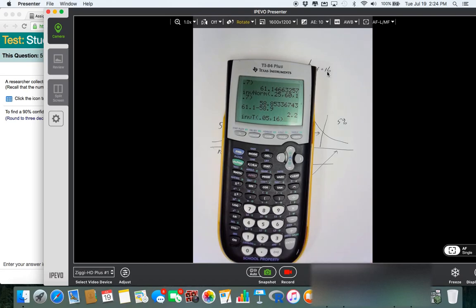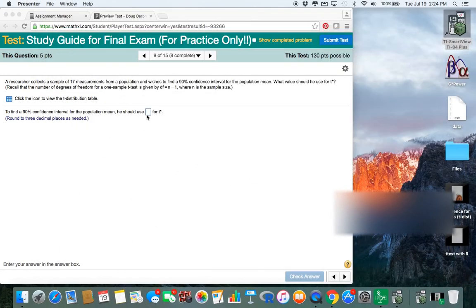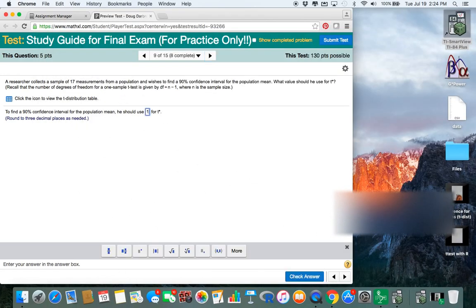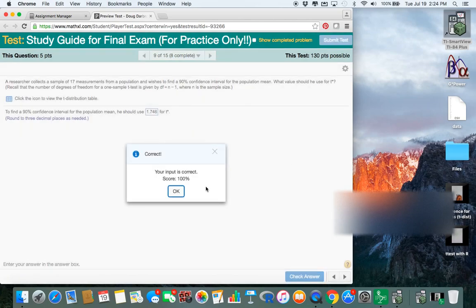Now if we had a normal distribution, we put in the mean and the standard deviation. T distributions are a function of degrees of freedom. I'm not sure what we round to. It's right there, it says 3 places. So this will be 1.746. And it's going to be right.